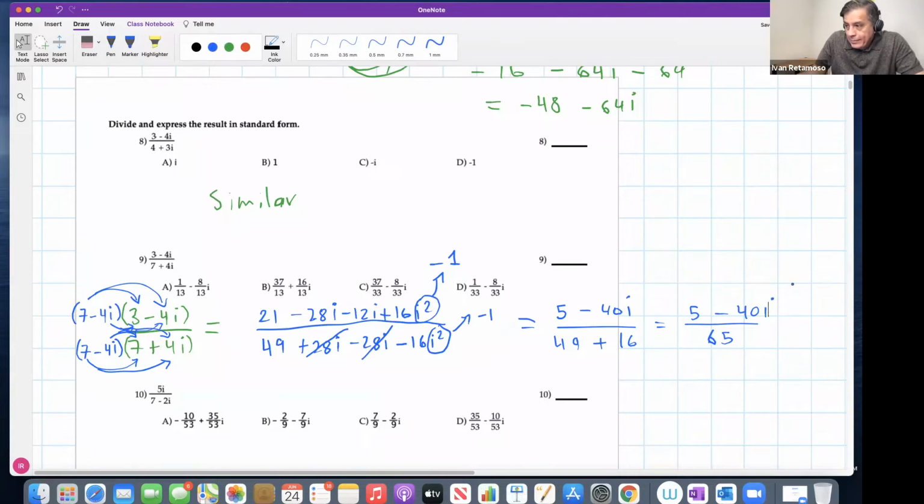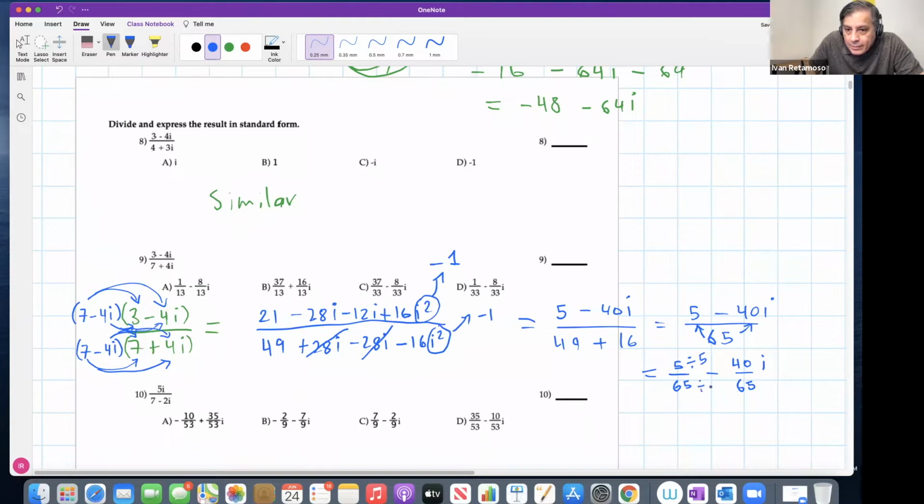Great. So now, remember, mathematicians always want to clearly separate the real part of the complex number and the imaginary part of the complex number, right? So that is achieved by distributing the division here. And once you do that, simplify.